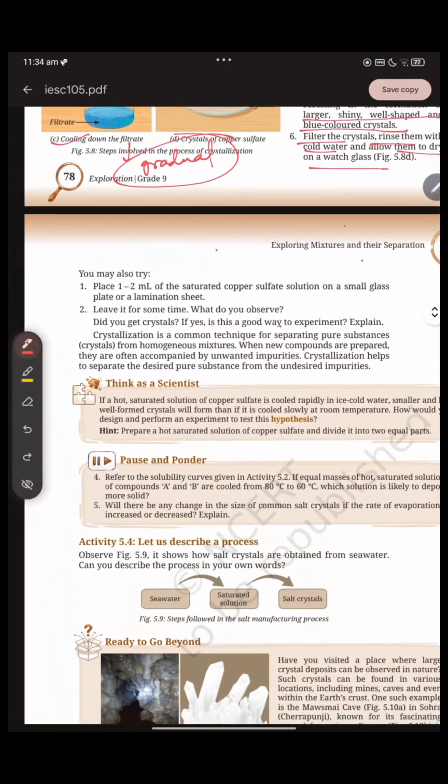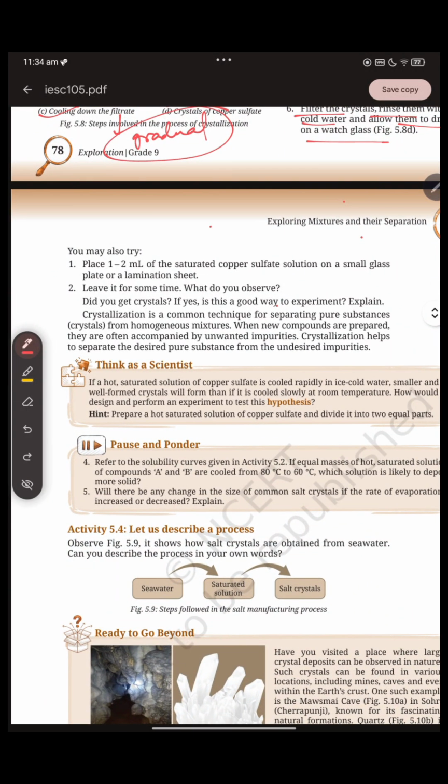Now, take 1 to 2 ml of saturated copper sulfate solution on a small glass plate. That means you can do in this manner also. You can take it in a watch glass or a petri dish. You take copper sulfate and you take a small amount of water, and you heat it in a Bunsen burner.